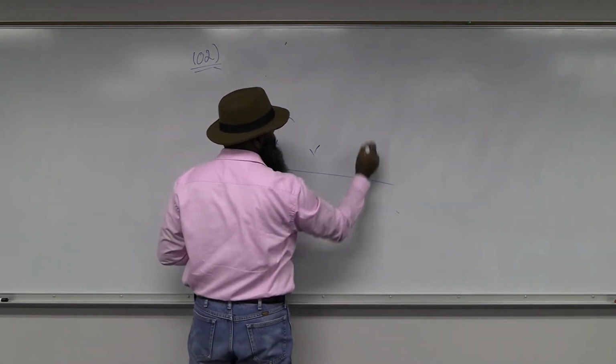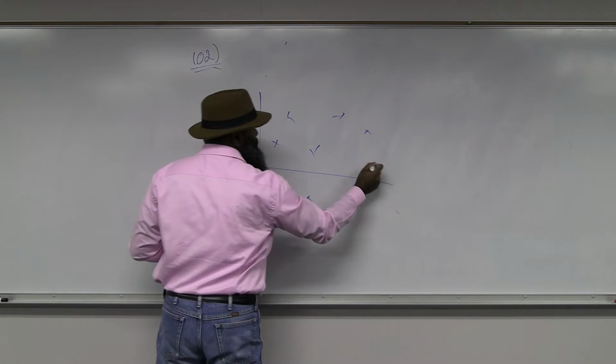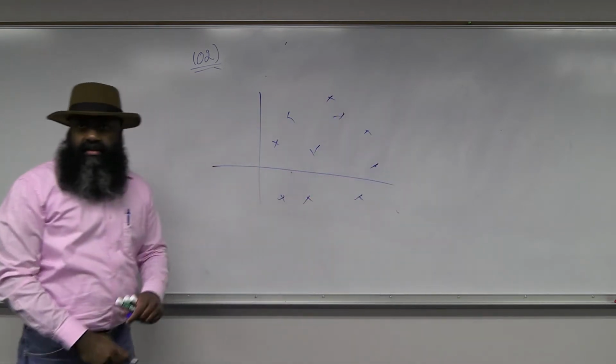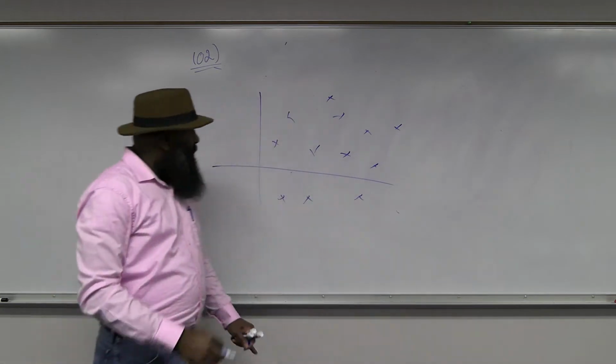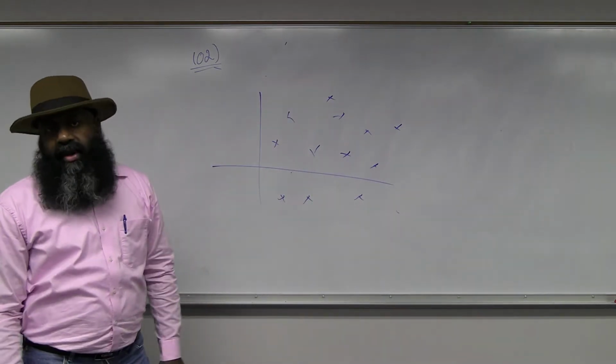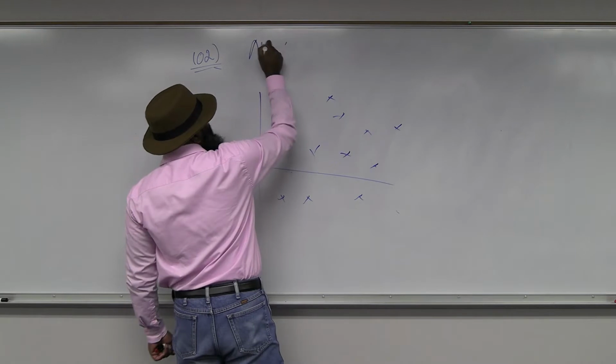It could be just everywhere, you know. No detectable solution, no identifiable pattern. Just the data points are everywhere. So that kind of thing is called no relationship.